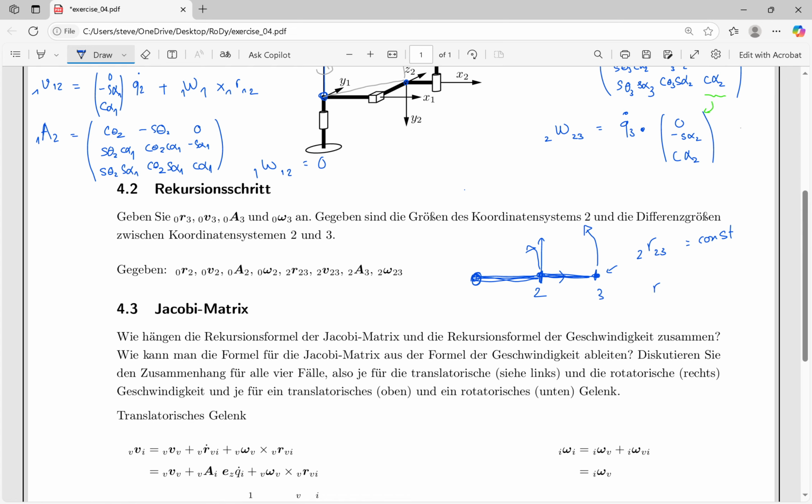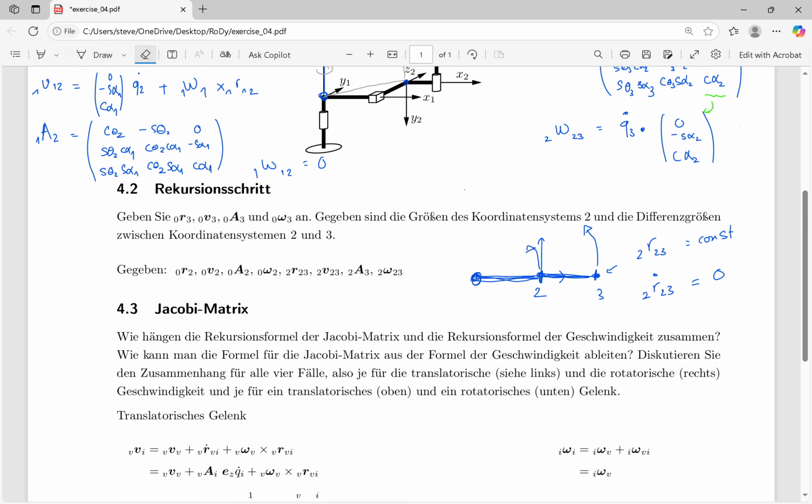Now R23 dot is 0, and this dot signifies that I am taking d over dt of this thing, right? And if I actually do that, then that would come out 0.